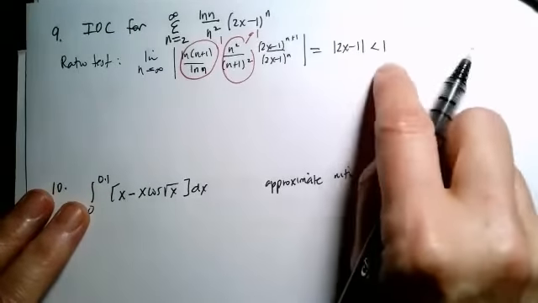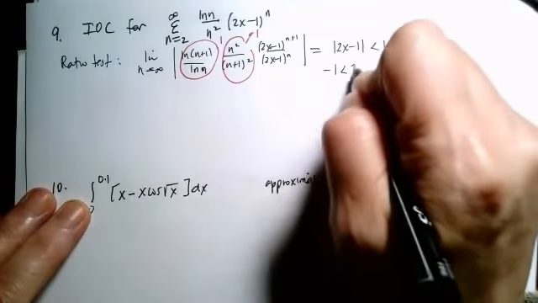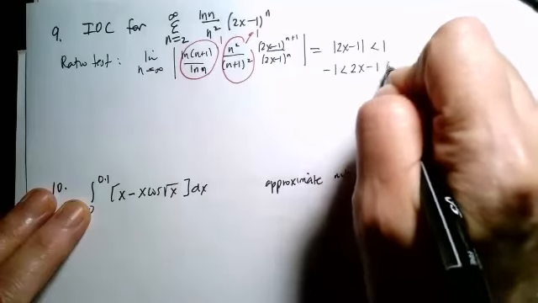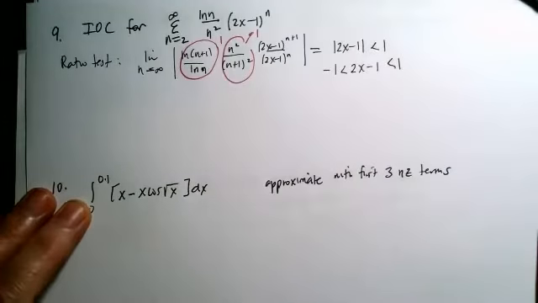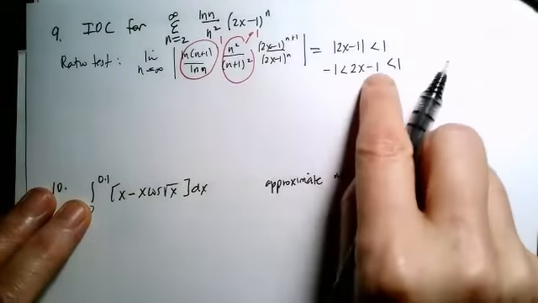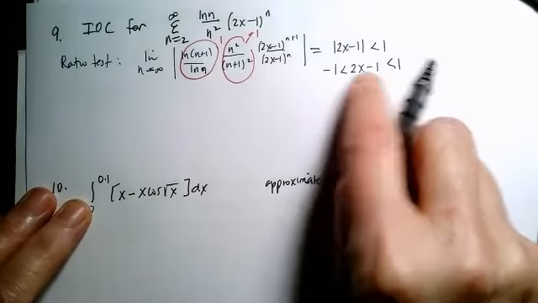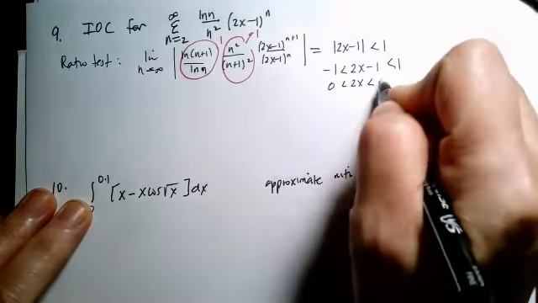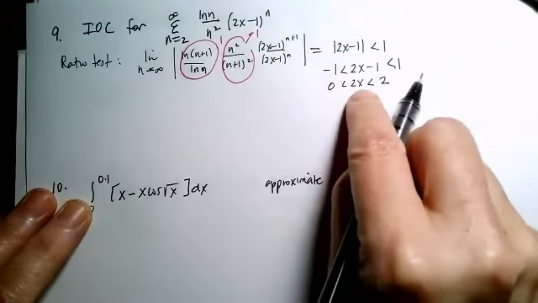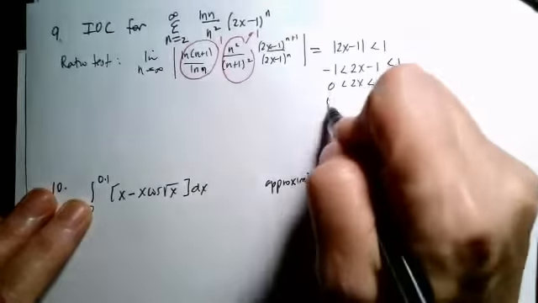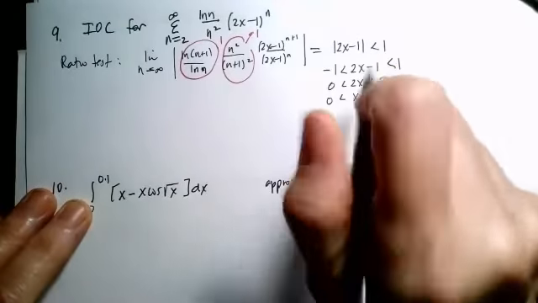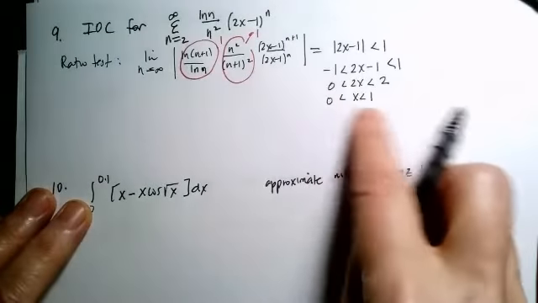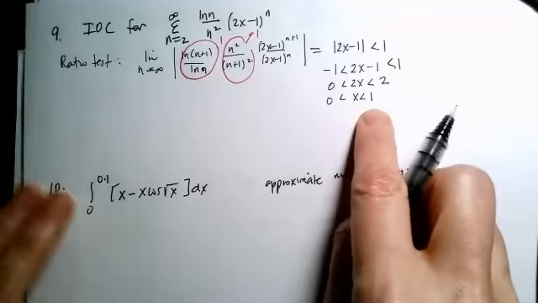I'm going to turn that into a 3-way inequality: -1 is less than 2x minus 1, and less than 1. The next thing I'm going to do is add 1 to all 3 pieces. We'll have 0 is less than 2x is less than 2. And then I'm going to divide all 3 pieces by 2 to get 0 is less than x is less than 1.